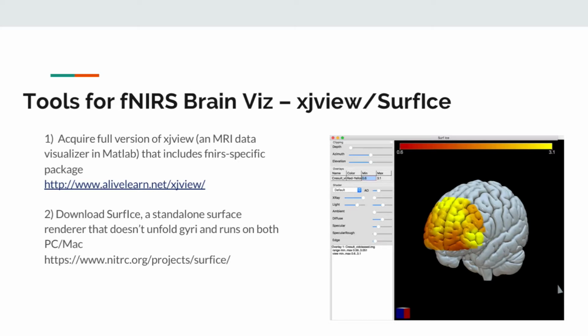I like this one because unlike most MRI surface renderers, it doesn't unfold all of the sulci and gyri. With fMRI, that makes a lot of sense to do, because then you can look at a more flat representation of the brain and see how activation spreads through that.